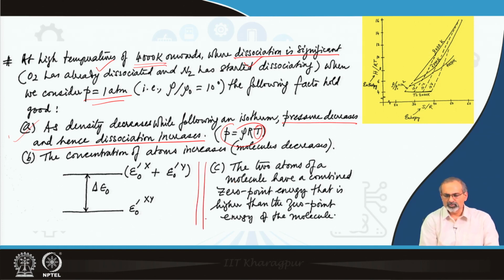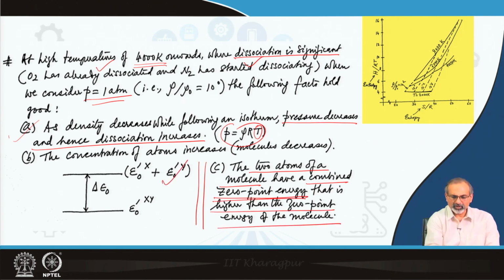Consequently, what happens to the zero point energy contributions is very important. When two atoms of a molecule have a combined zero point energy that is higher than the zero point energy of the molecule, then having more atoms in the population would mean that more of the energy goes into the zero point energy of the atoms.